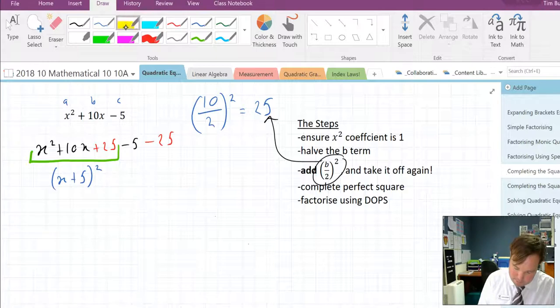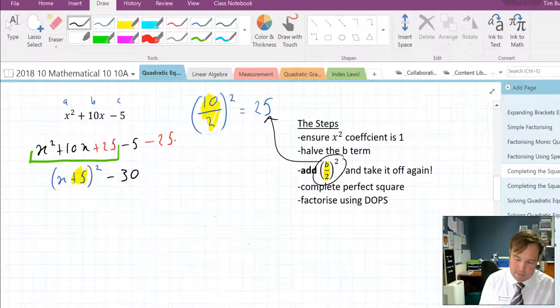And note, this plus 5 is always going to be the same as b on 2, or in our case here, the 10 on 2. Then what remains is take 30. Minus 5 minus 25 is take 30.